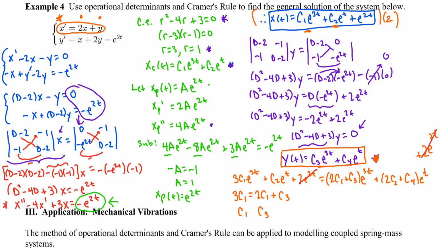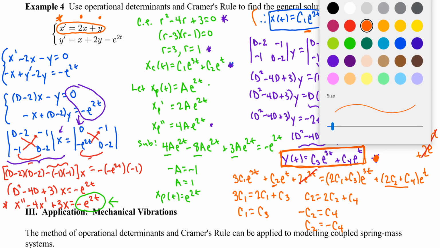Subtracting 2c1 from both sides, we get this relationship c1 equals c3. Now, setting coefficients of e to the t equal, we get c2 equals 2c2 plus c4. So the relationship here is negative c2 equals c4, or you could say c2 equals negative c4. Either way. So I'm going to use these relationships to go back and refine my solution for y.